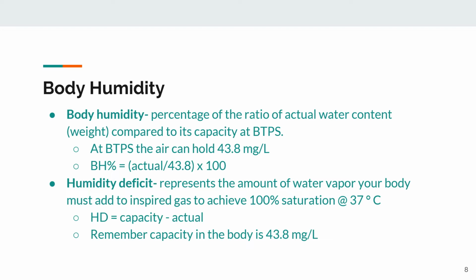At body temperature, the air can actually hold 43.8 milligrams per liter. So that's the capacity. To calculate body humidity percentage, you would take the actual amount divided by that 43.8 and then multiply it by 100.